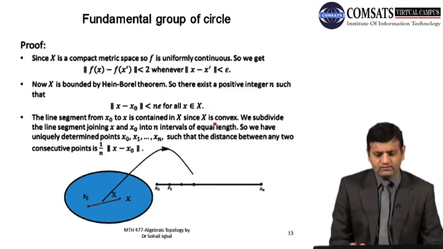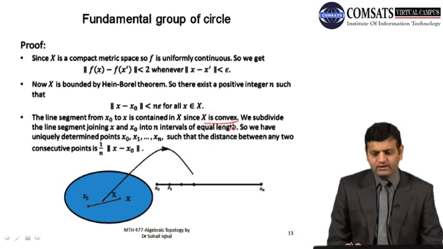Because X is convex, so the line segment joining any two points must be contained in X. Now we can divide this line segment into n intervals of equal length: starting from x₀, then x₁, x₂, x₃, and so on.